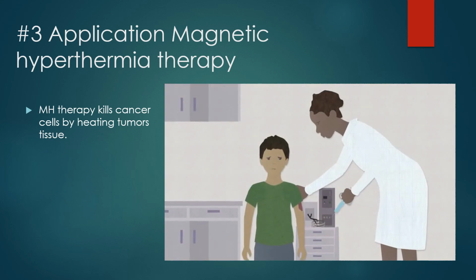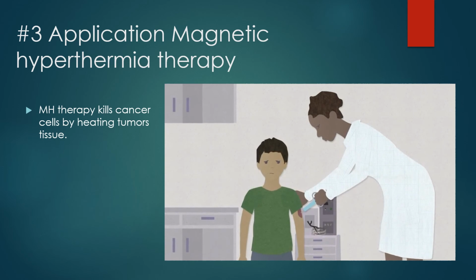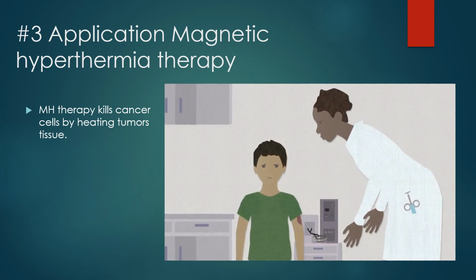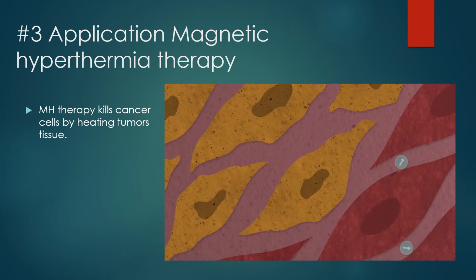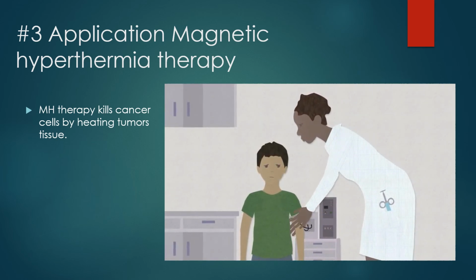Here the doctor injects the tracers, the magnetic nanoparticles, into the body of a patient with cancer, and then, according to the EPR effect, these nanoparticles go into the tumor, and then the physicians apply the alternating magnetic field on the patient.